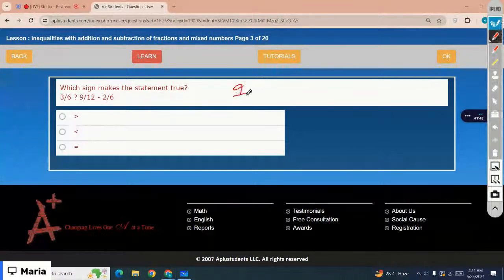First thing you need to make the denominator same. You always make the smaller denominator equal to the greater one. So you have to multiply 6 times 2 because 6 times 2 is 12. That is 9 over 12 minus 4 over 12. So 9 minus 4 is 5 over 12. You have to compare 5 by 12 to 3 by 6. So which is the correct option?